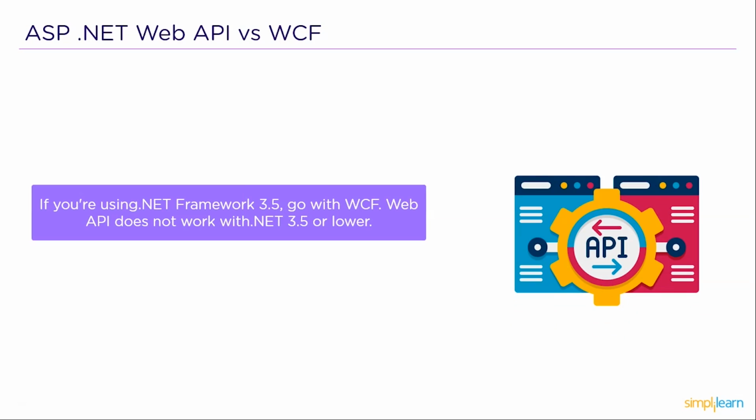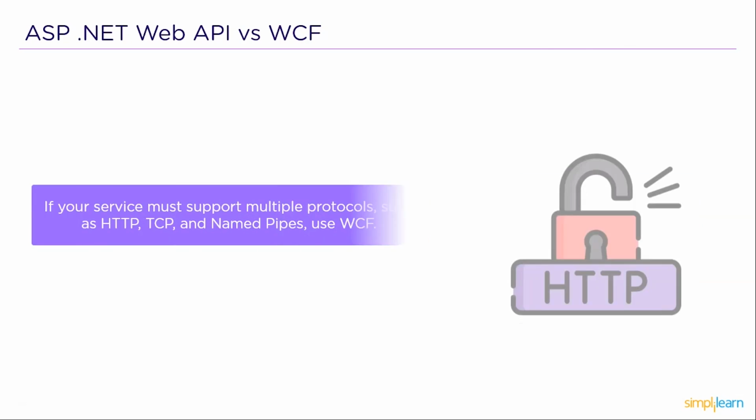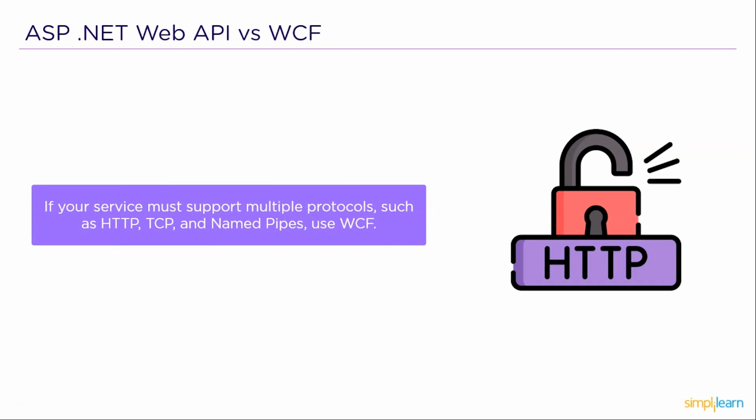Next, we will look at when to use Windows Communication Foundation. The first reason is that if we are using .NET Framework 3.5, then we use WCF. Web API is not compatible with .NET 3.5 or lower. Next, we select WCF if your service needs to support multiple protocols such as HTTP, TCP, and named pipes.